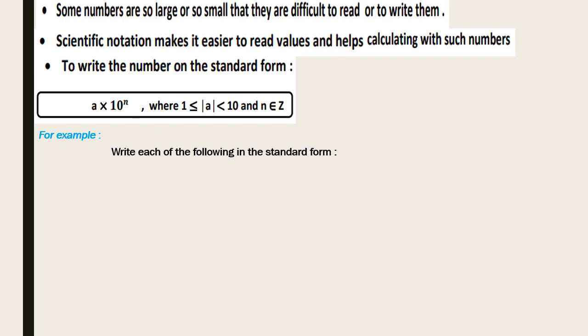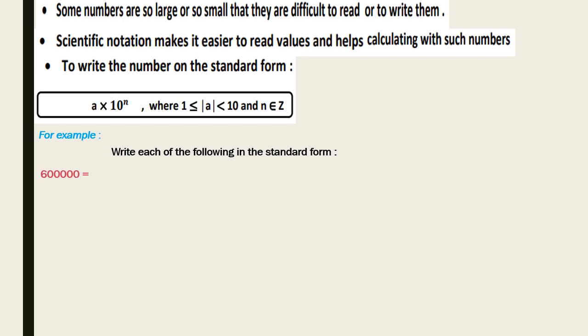For example, write each of the following in the standard form. If we have 600,000, again, it must be a times 10 to the power n, and a must be more than or equal to 1 and less than 10.